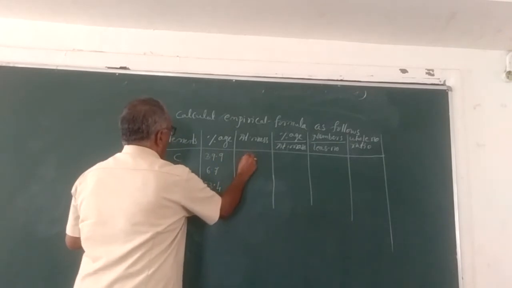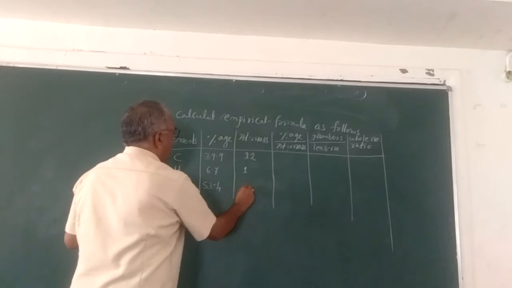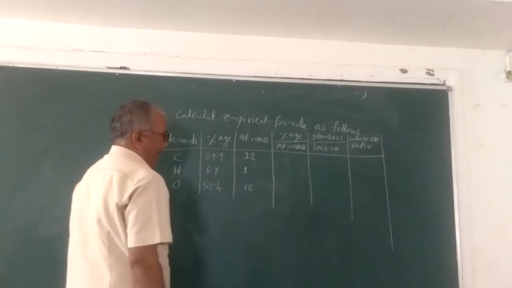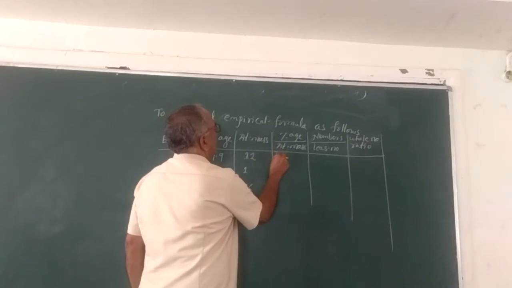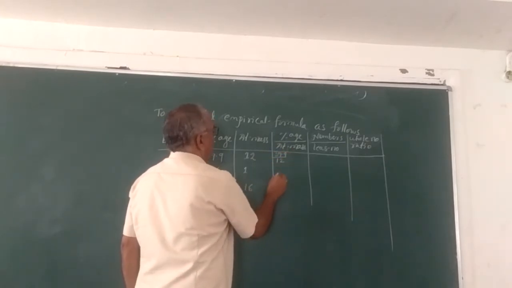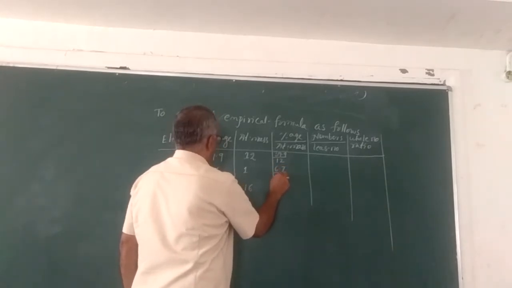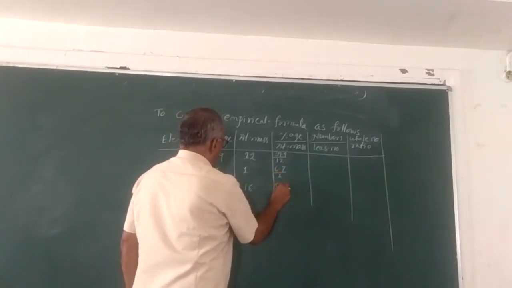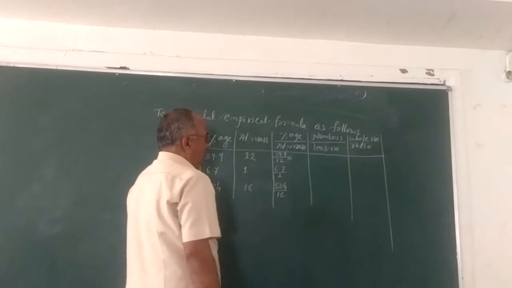Atomic mass of carbon is 12, hydrogen is 1, oxygen is 16. You can divide it. That is 39.9 divided by 12, 6.7 divided by 1, 53.4 divided by 16. So you will get the value.